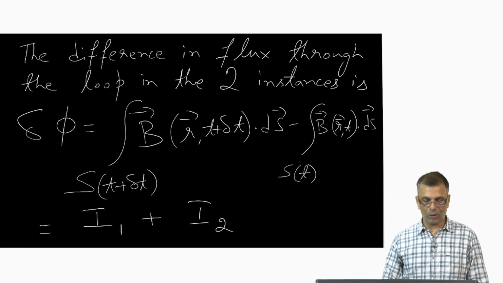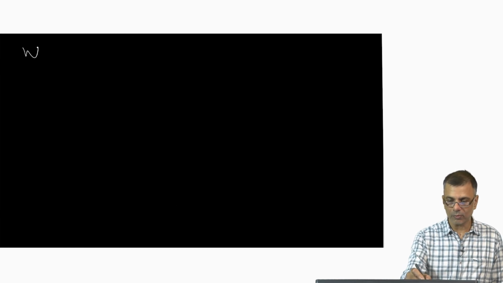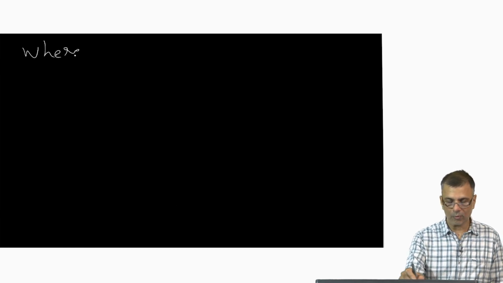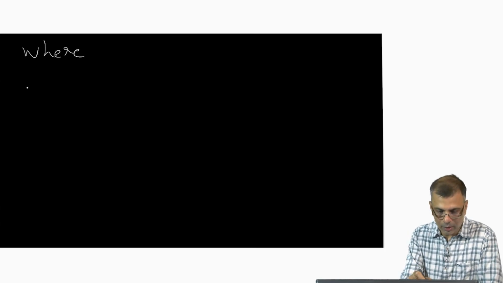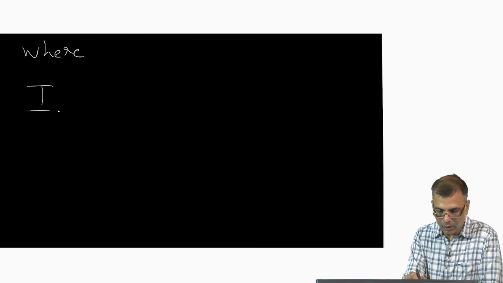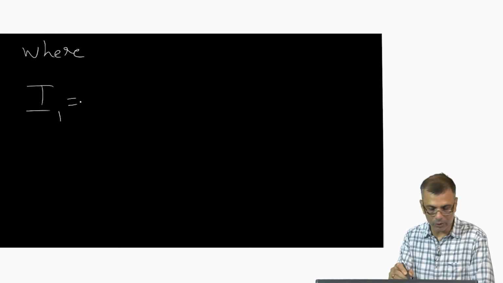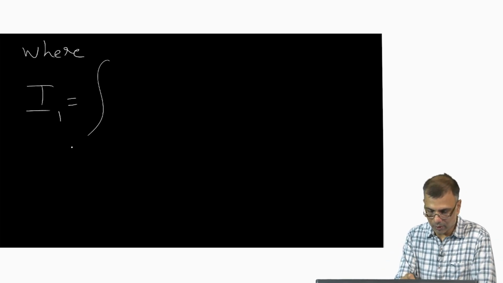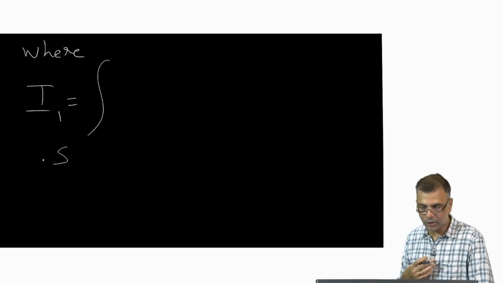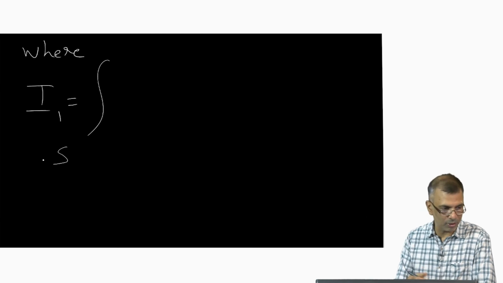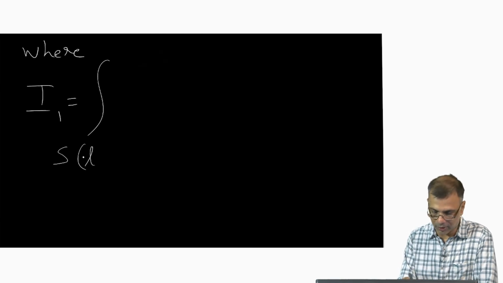Where I1 is essentially the difference in flux due to the change in the loop position, and I will write this down and then we will discuss it.